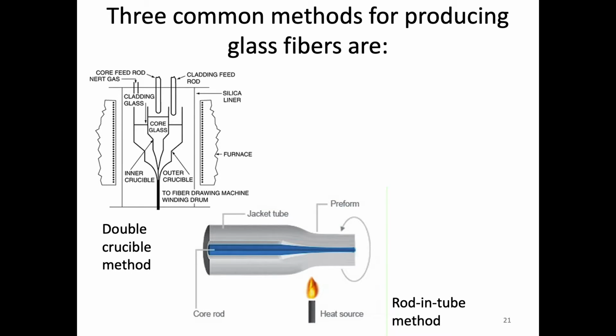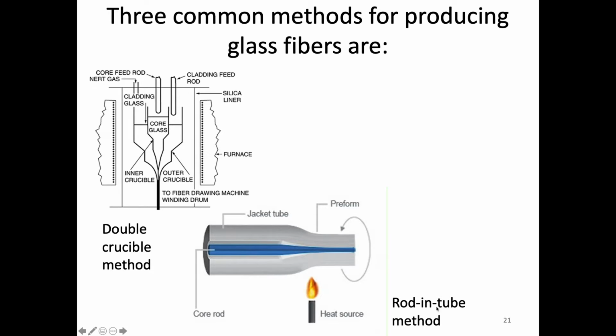Another method that we can do is we have a rod of the core glass composition inside, and then we put that within a tube, so an open glass tube, and then we heat this glass up, which takes that rod in the tube and shrinks it down into one fused material, so that material is kind of drawn out to give us the proper diameter.